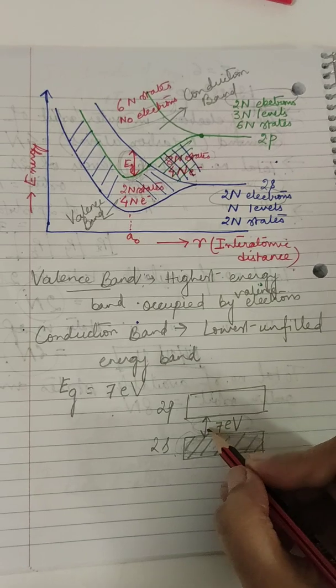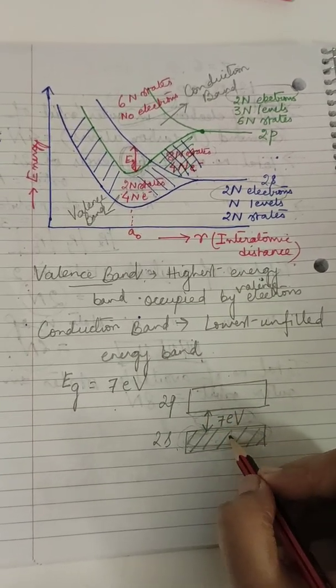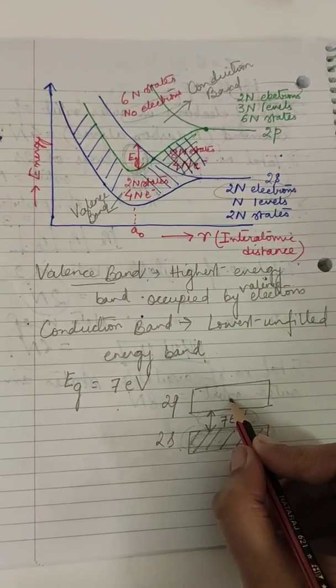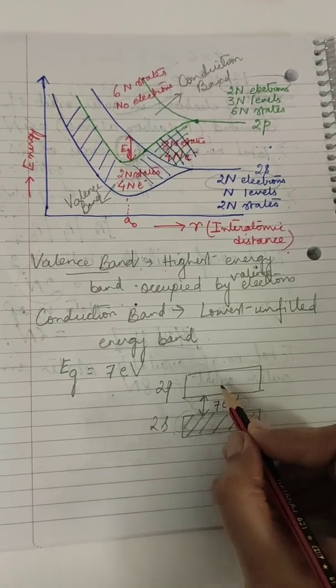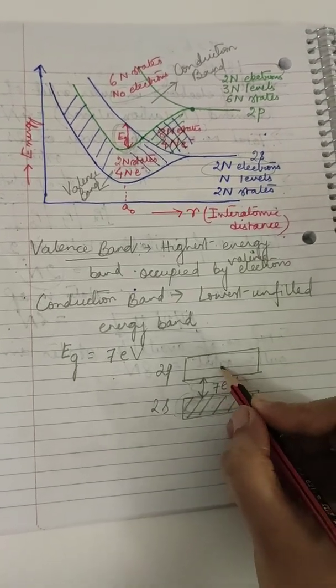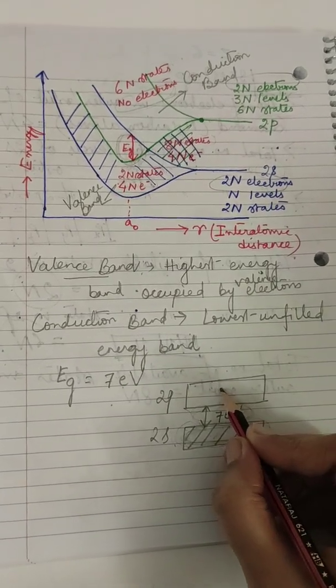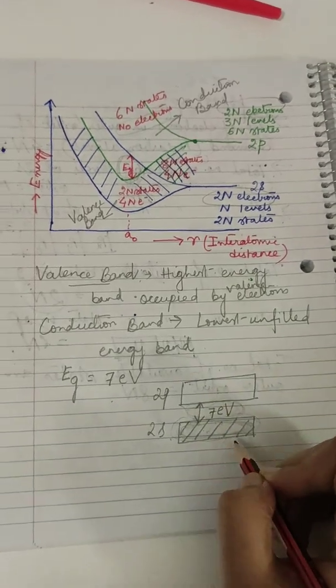And it is very difficult to apply a field corresponding to 7 electron volts. So there is no unidirectional flow of electrons. Thus diamond cannot be a conductor. It is an insulator, since electrons have to overcome a 7 electron volt energy gap to move to the conduction band. So diamond acts as an insulator.